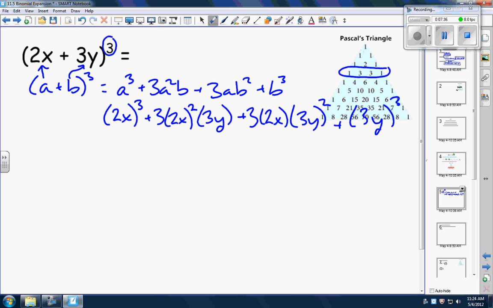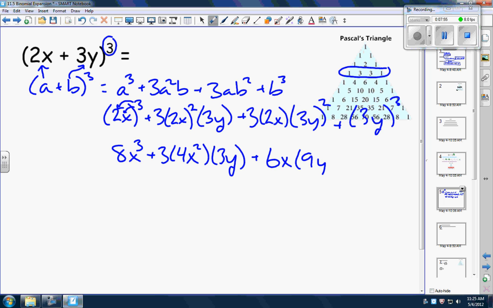So quantity 2x cubed is 8x cubed, because that 3's got to come into both of those. Same idea with this squared here. 3 cubed we know is 27. So it may take a couple steps to go ahead and simplify all of these.